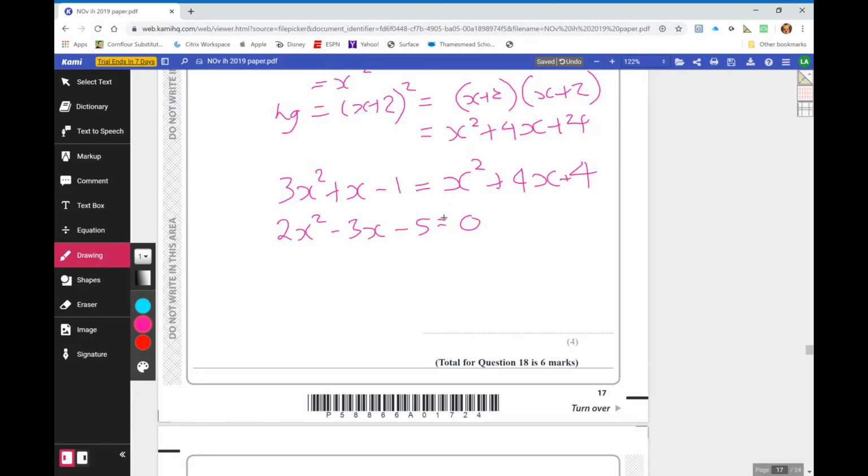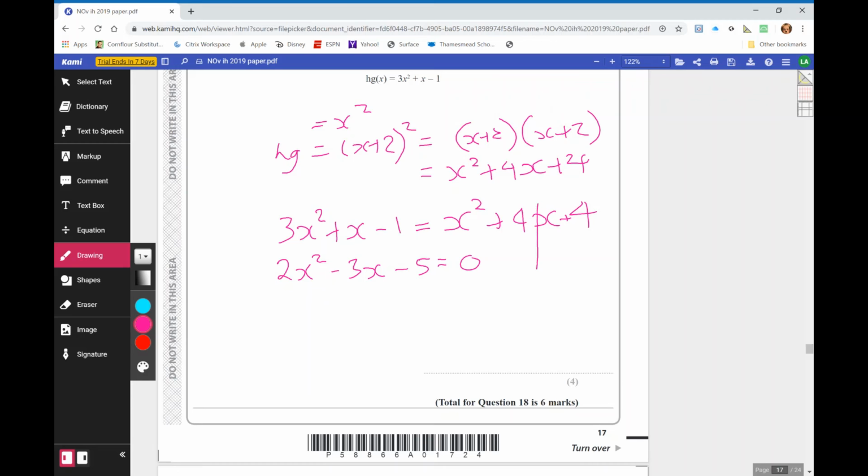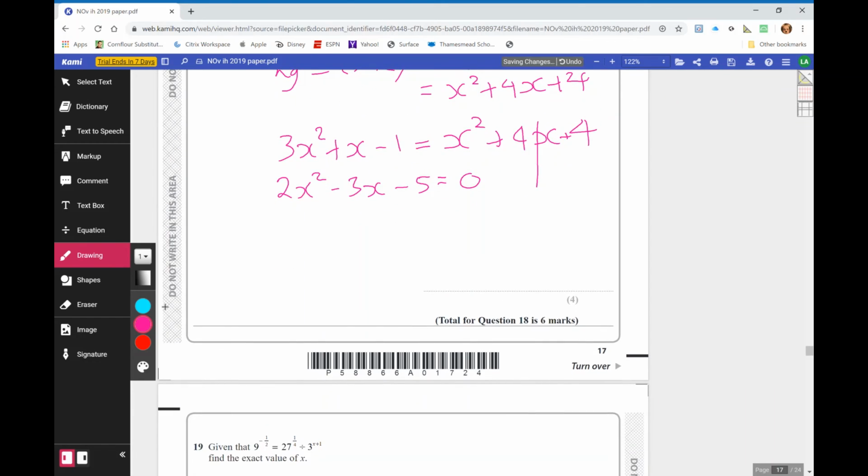Slight trial and error. If you think minus 5, there's only 2 ways to get minus 5, and that's plus 5 minus 1, minus 5 plus 1. And then you could rearrange it so you think about what it could be in the middle. I like to separate the information out and do it like this.